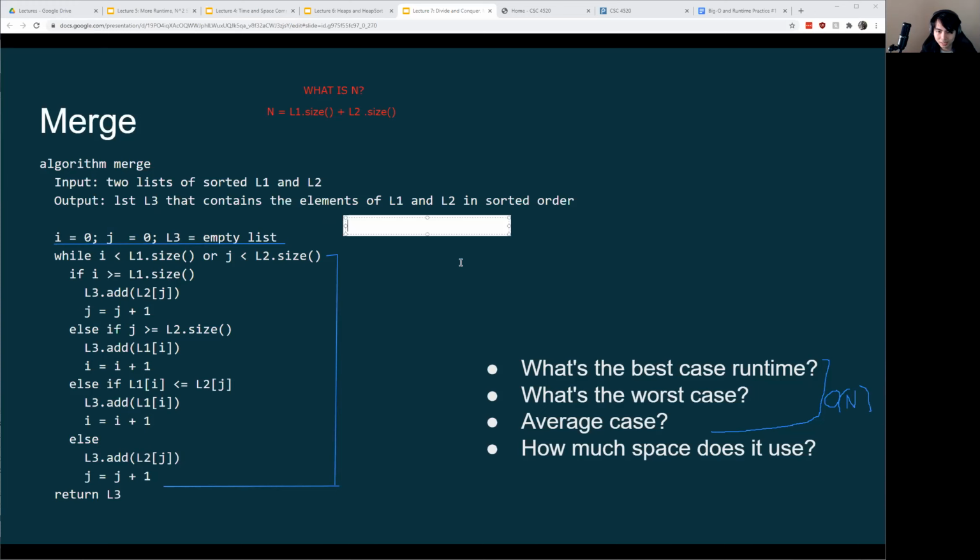So I is the index into list 1, J is the index into list 2, and we're moving them forward one step at a time. That's something you should have understood if you were analyzing this function.